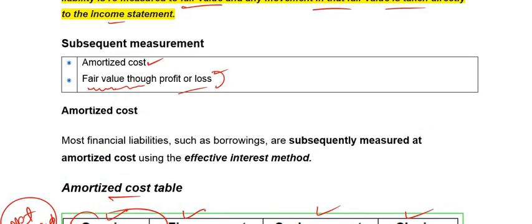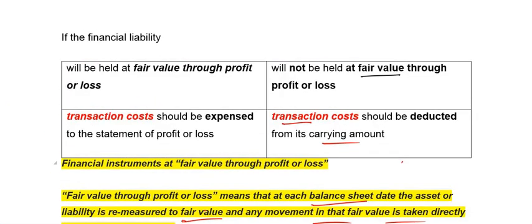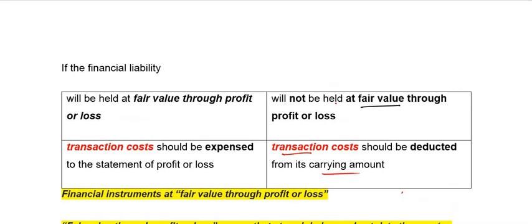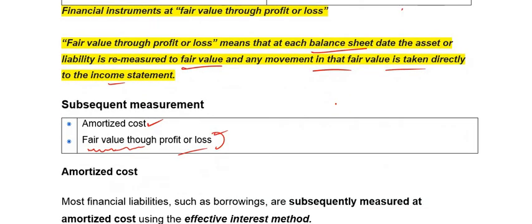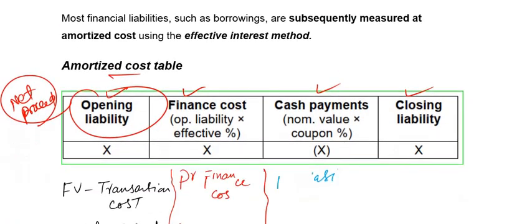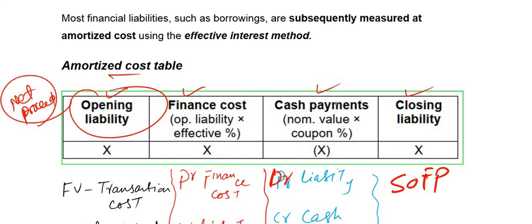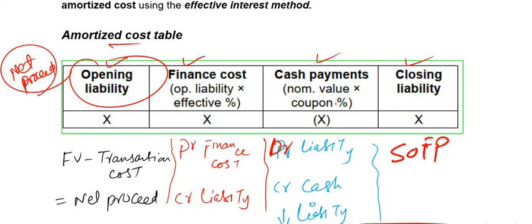I have already told you that if the financial liability will not be held at fair value to profit or loss, then transaction cost should be deducted from its carrying amount. So when you deduct the transaction cost, you will get a net proceed, and that will be your opening liability. And you will also have an effective interest rate.